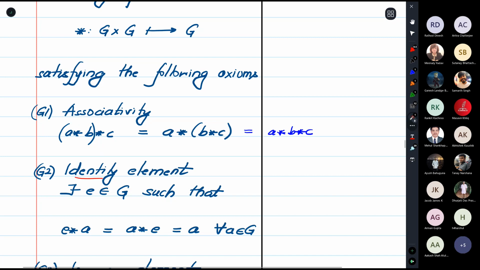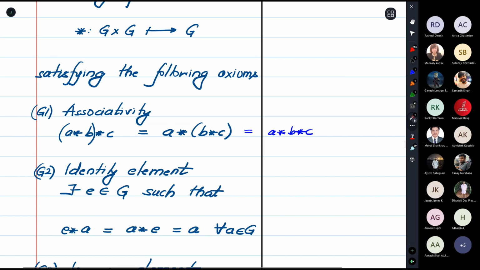The next property is that of the identity element. This means that there is some designated element E in G such that this condition holds. For every element A in G, if you perform the operation between E and A, or between A and E, the resultant should be A itself.